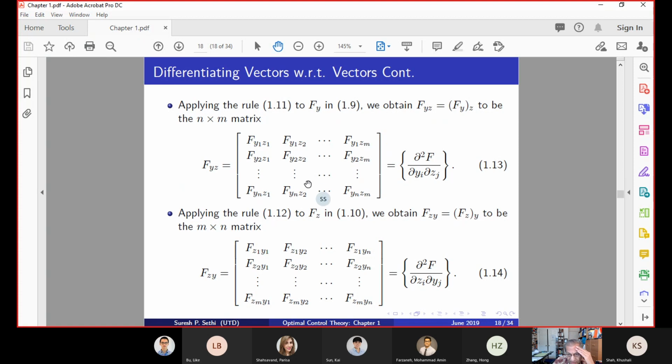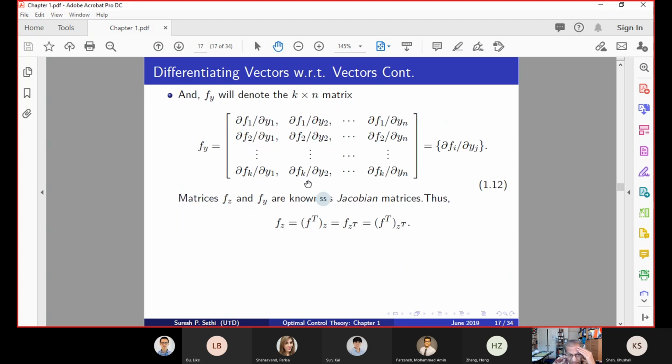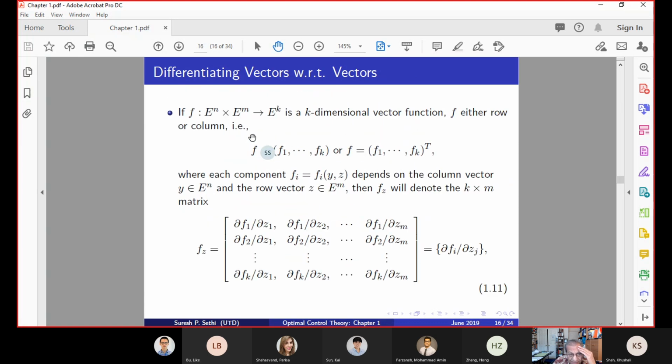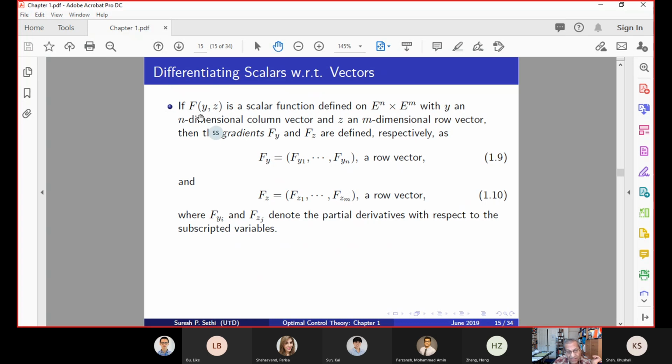Now what happens? I have a function f, which is the one-dimensional function that was in this slide. If I take the derivative of that function with respect to y, then that derivative is a gradient, and that's a row vector. So now I'm going to take the derivative of the gradient, which means I take the double derivative of f.